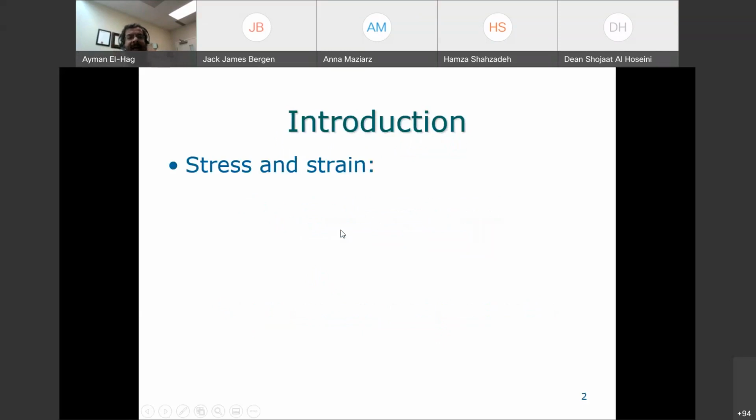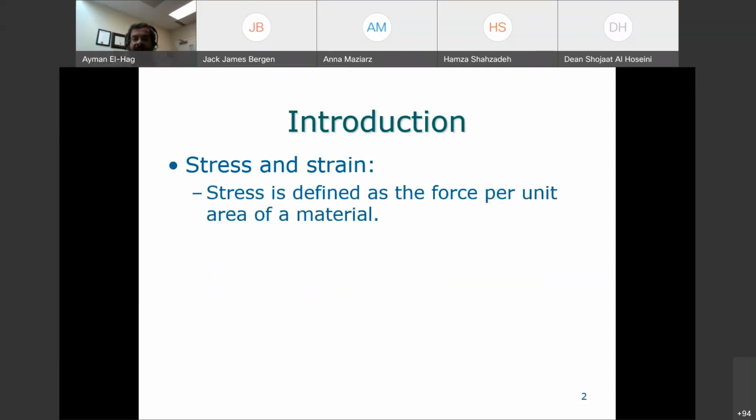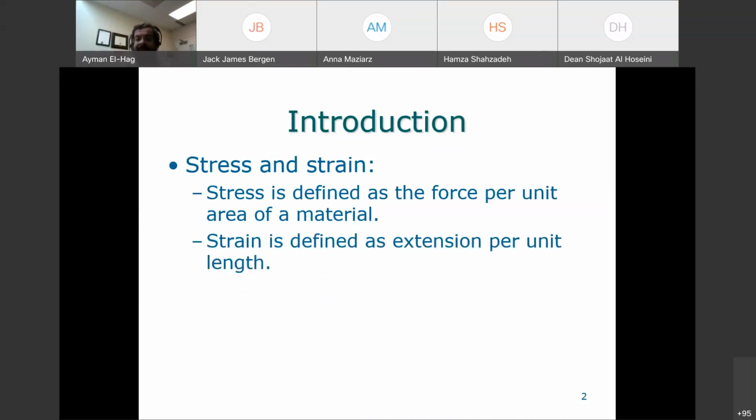Okay, stress and strain. These are terms used by civil engineers. A stress is the force per unit area of a material. So when you apply a force on a material, this is called a stress. As a result of the stress, there will be a strain. This strain is extension per unit length of the material.